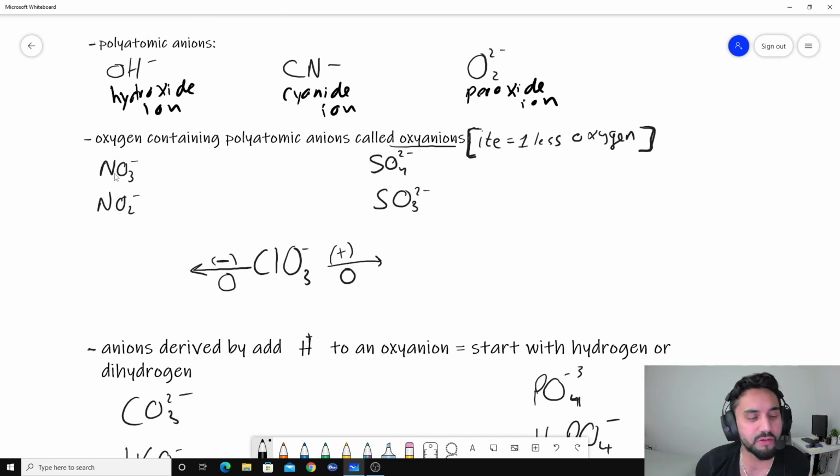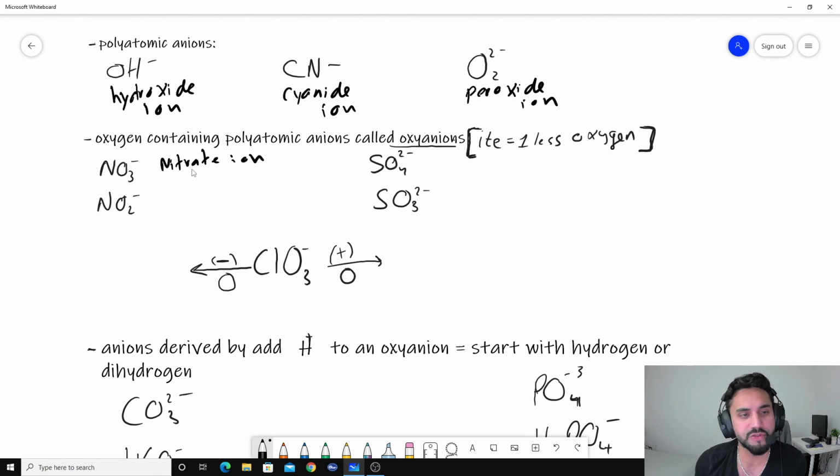Here we have a few molecules, and notice that their numbers of oxygens are different. Same nitrogen with a different number of oxygens. Here we have sulfur with oxygen, different numbers of oxygens. And the common name for this one is nitrate ion.